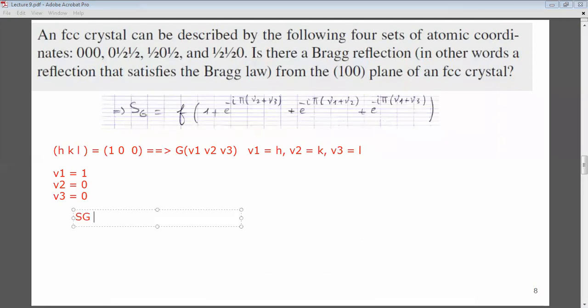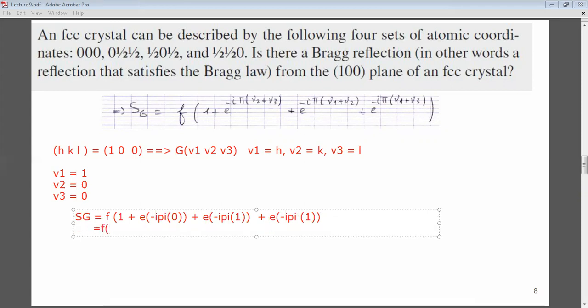SG is equal to F into 1 plus e to the minus i pi into 0 plus 0, so that's 0, plus e to the minus i pi into V1 plus 0, which is 1, and plus e to the minus i pi V1 plus 0, which is 1 again.